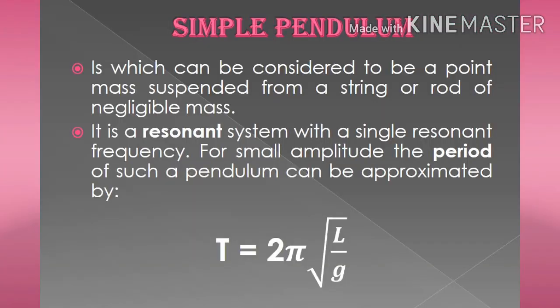Next is the simple pendulum. It can be considered to be a point mass suspended from a string or rod of negligible mass. It is a resonant system with a single resonant frequency. For a small amplitude, the period of such a pendulum can be approximated by T is equal to 2 pi square root of L over g.